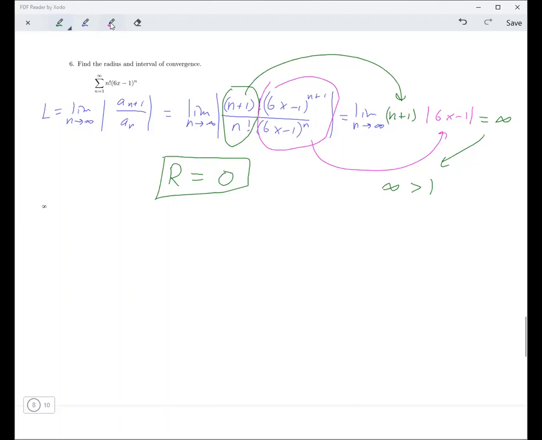And that means that the interval of convergence is going to just be our center point. And the center point here actually is not 1. To get the center point, you set this equal to 0.